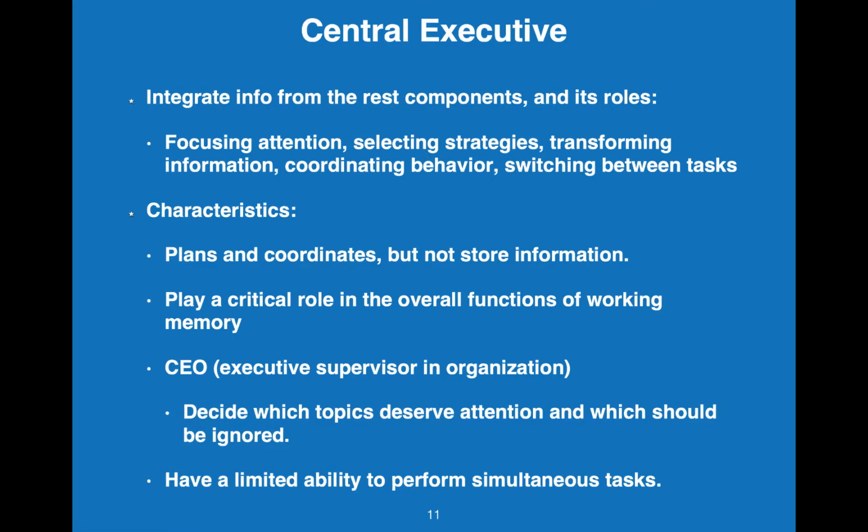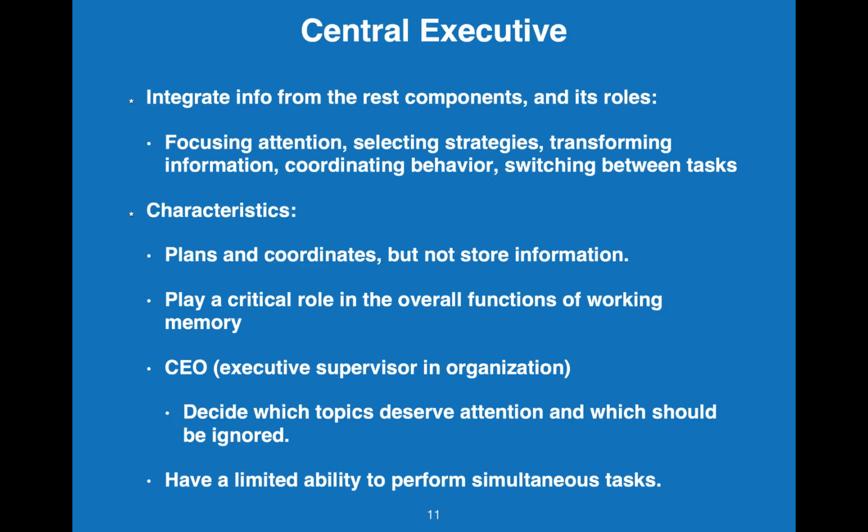The Central Executive integrates information from the rest of the components, and its role is to pay attention to or select strategies, transform information, coordinate behavior, or switch between tasks. The characteristic of the central executive is planning and coordinating, but it cannot store information.